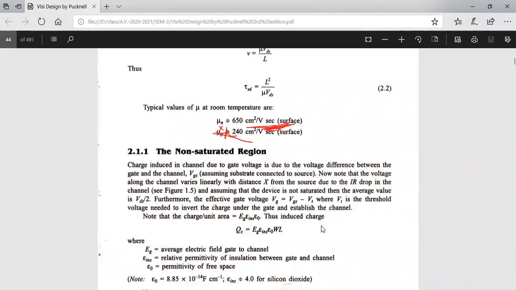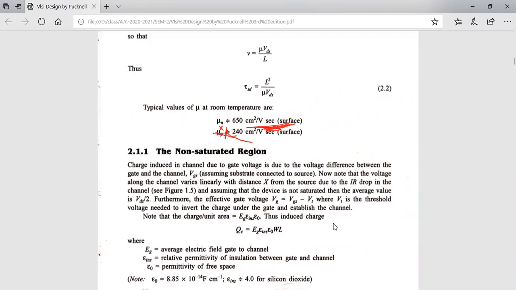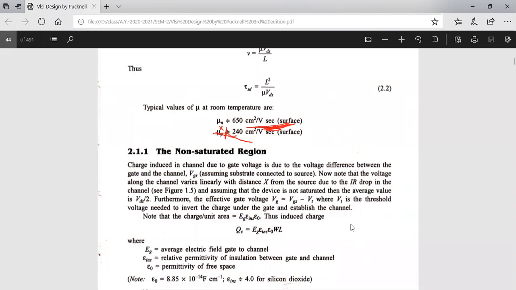The channel has a length L and width W, so the area is W into L. Then WL is multiplied with Eg, epsilon naught and epsilon ins, where Eg is the average electric field between the gate and the channel.